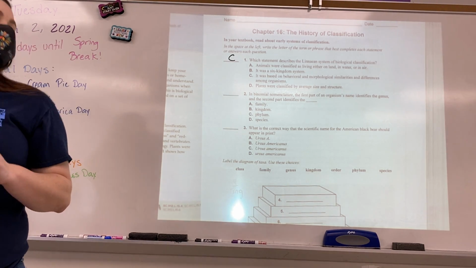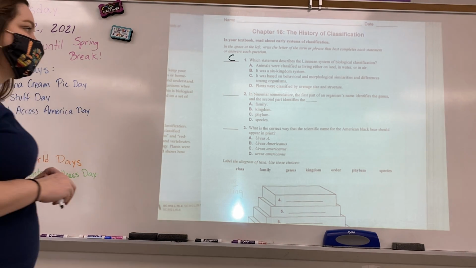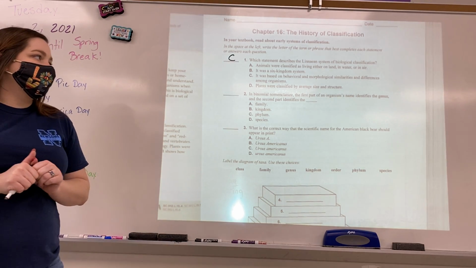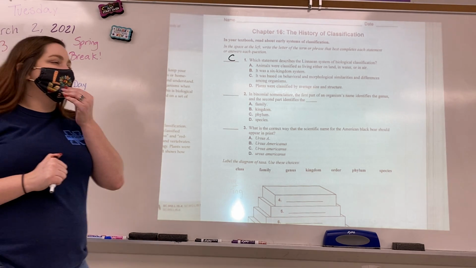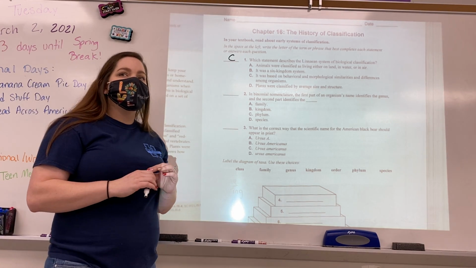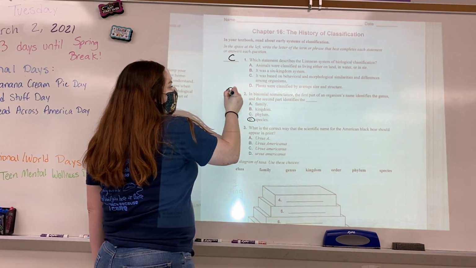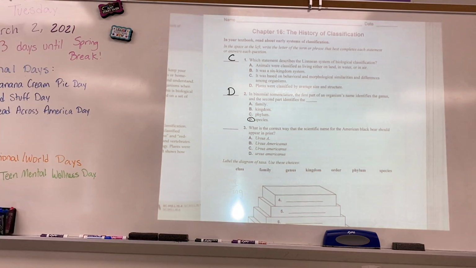So number 2 and number 3, we should be able to answer based on our knowledge from the PowerPoint. Number 2, in a binomial nomenclature, the first part of an organism's name identifies the genus, and the second part identifies the what? Yes, ma'am. The species. So your genus is written first, and your species is written second.